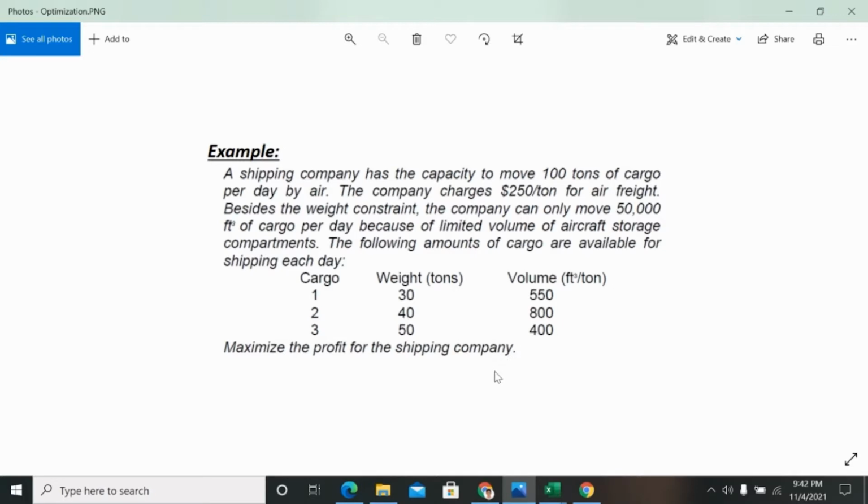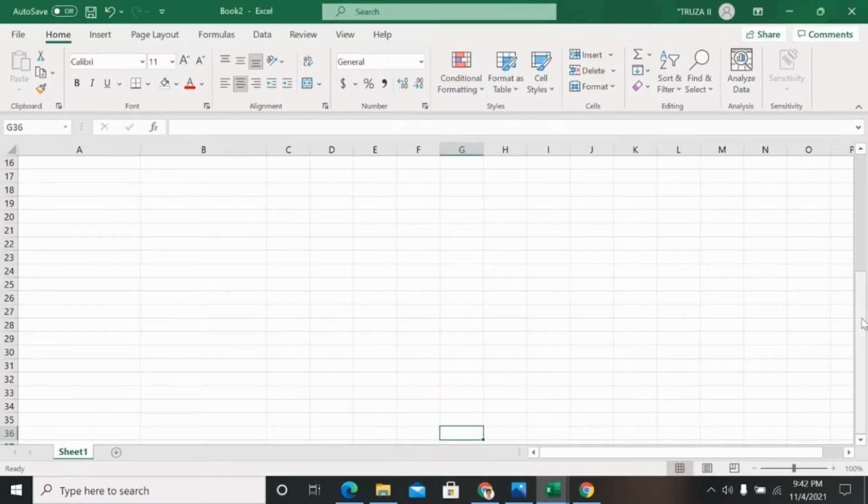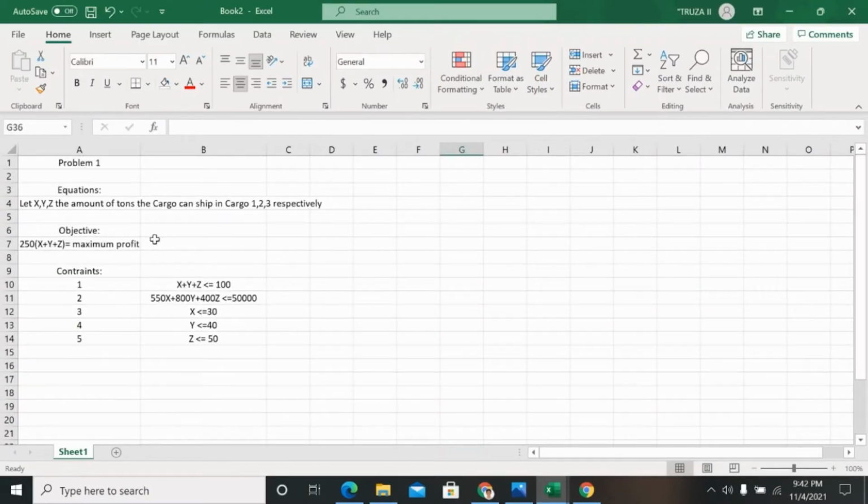The required here is to maximize the profit for the shipping company. So to solve this problem, I already put the equation here.